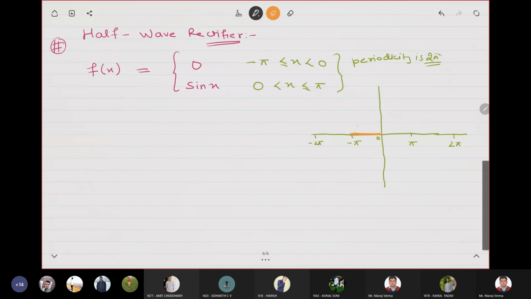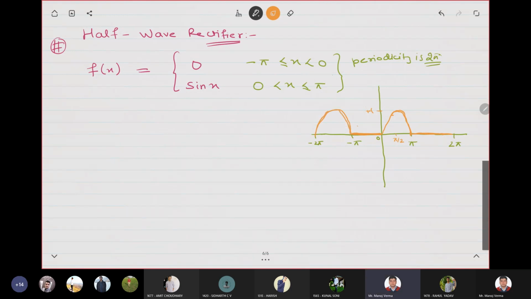The function is 0 from minus pi to 0, and from 0 to pi it becomes sin x. So it will be something like this, where it attains a positive value of 1 at pi by 2. And as this function is defined with periodicity of 2 pi, from pi to 2 pi it will be 0 again.